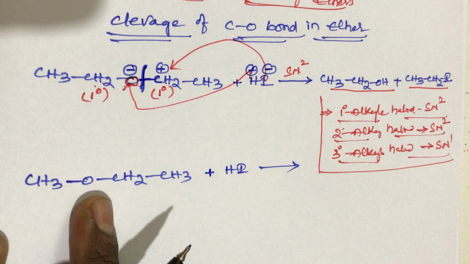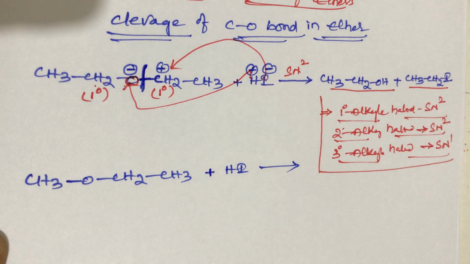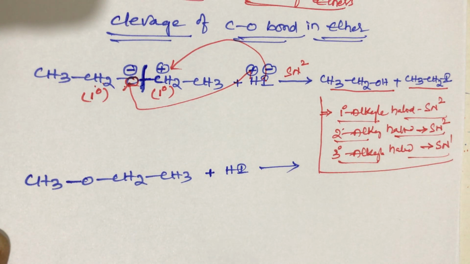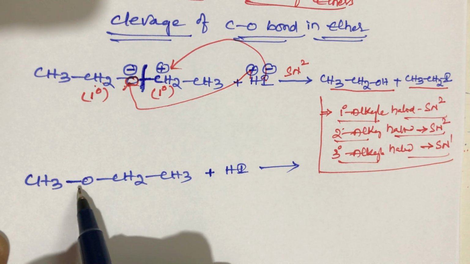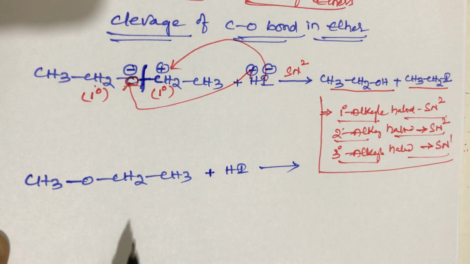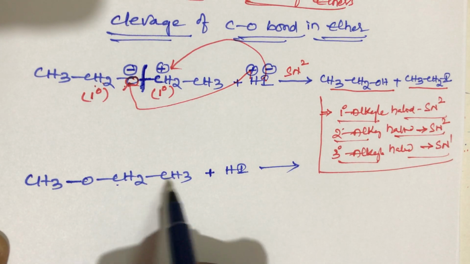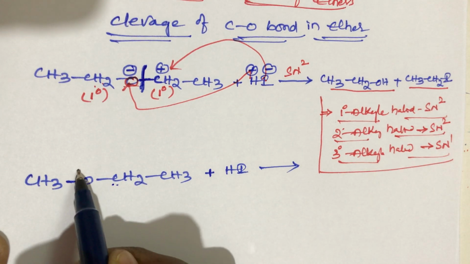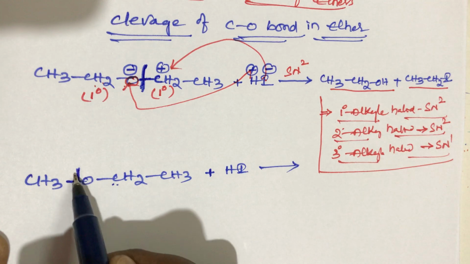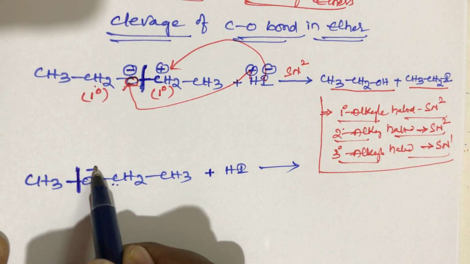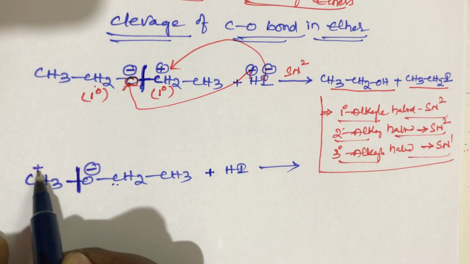When an unsymmetrical ether reacts with hydroiodic acid, what is the product? Simple trick, remember: the bulky group always remains. The CH3CH2 is the bulky group. The bond cleavage occurs here, with oxygen getting a negative charge and carbon getting a positive charge.